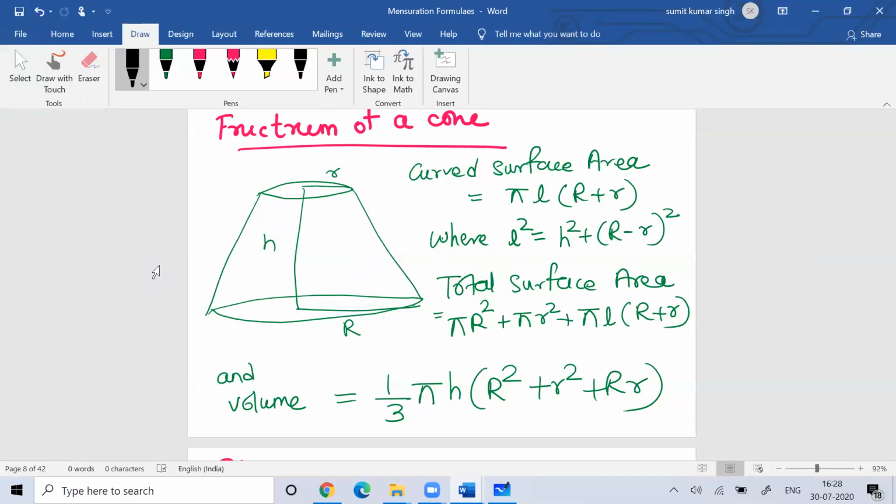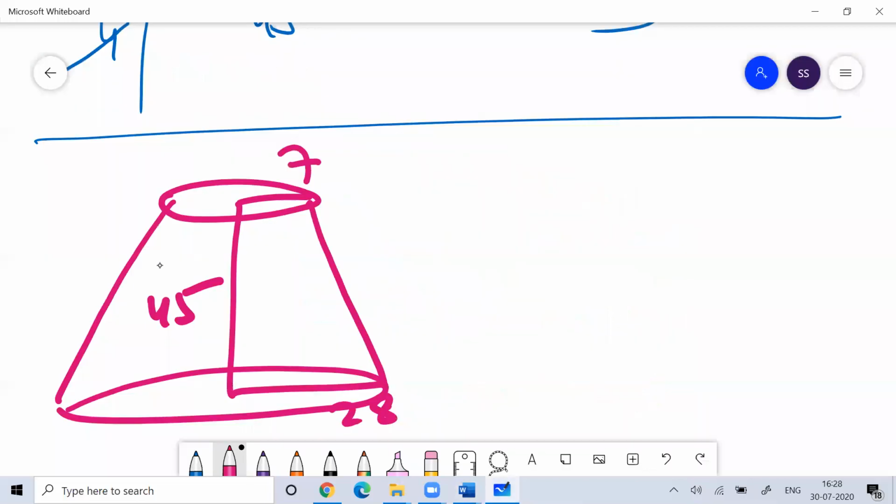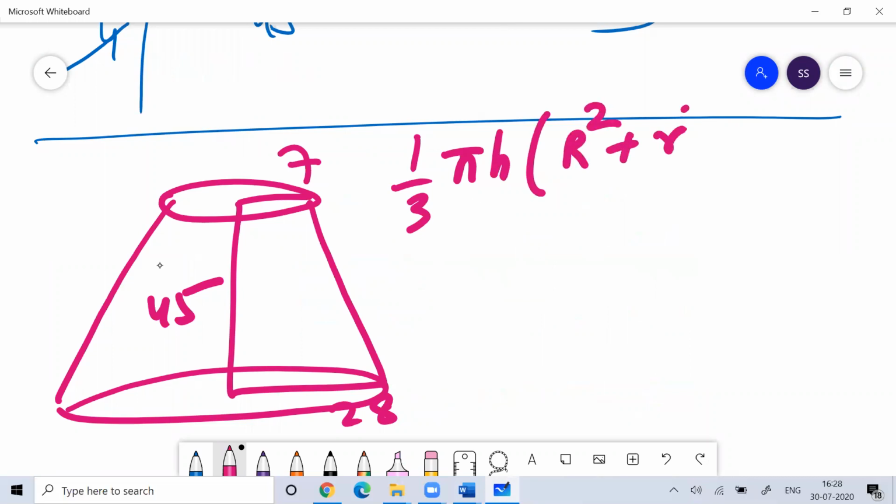The volume is 1 by 3 pi h, then (R square plus r square plus R into r).